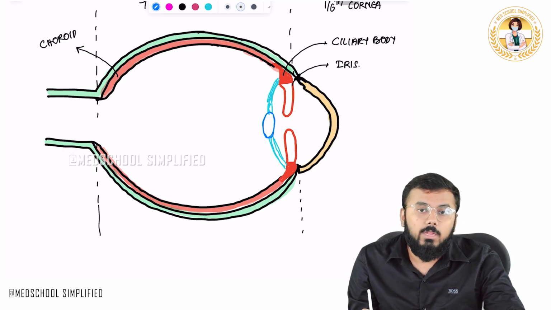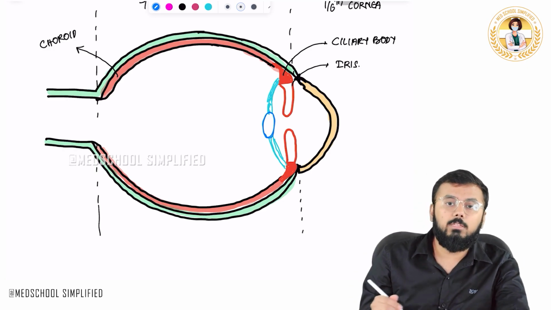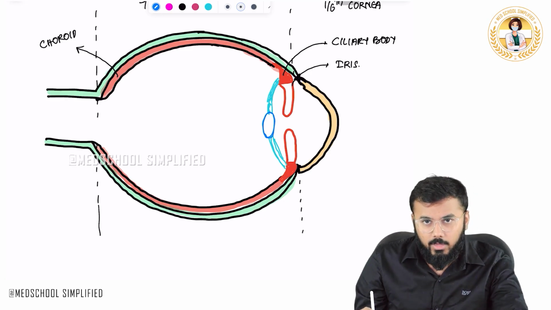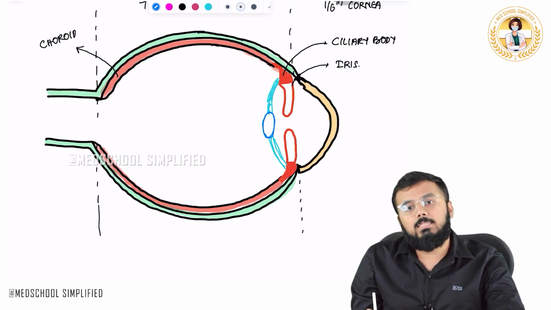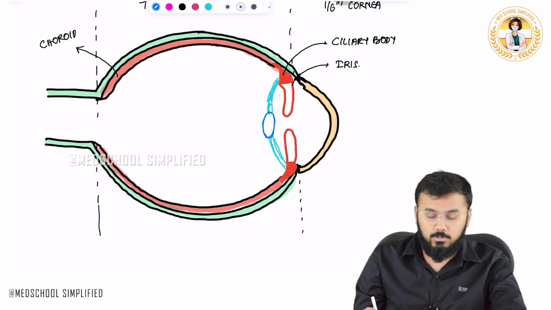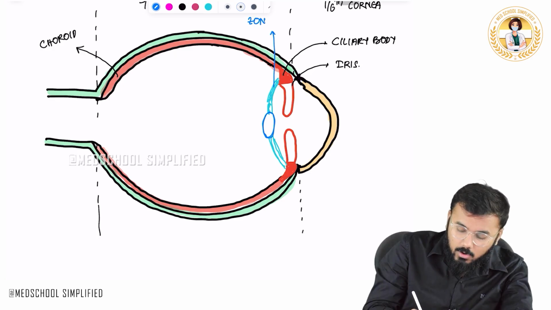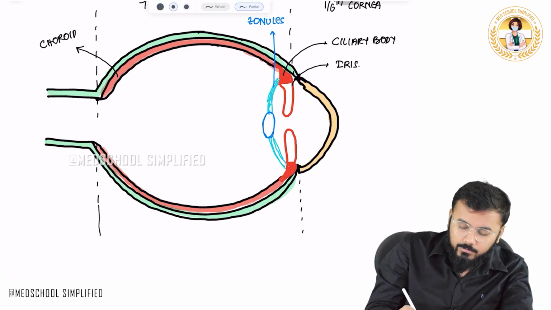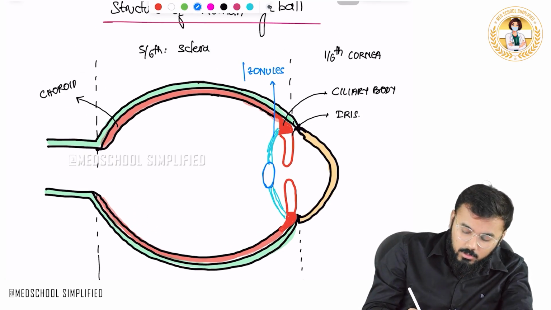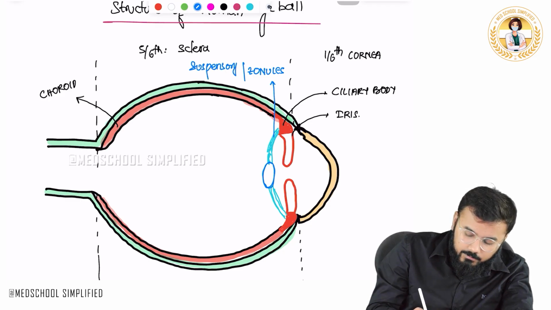They are holding this particular structure called as lens. These fibers are called as suspensory ligaments or also called as zonules. So these structures over here are called as zonules, or you can also call them as suspensory ligaments.